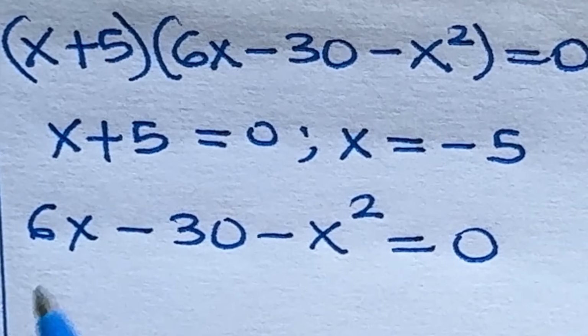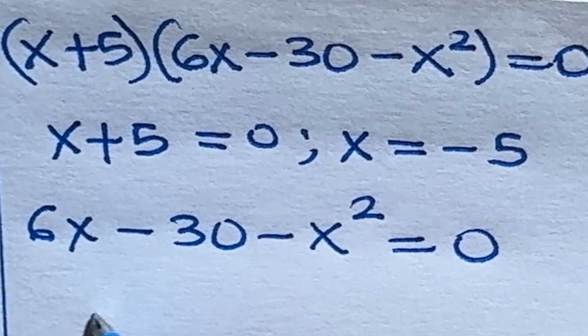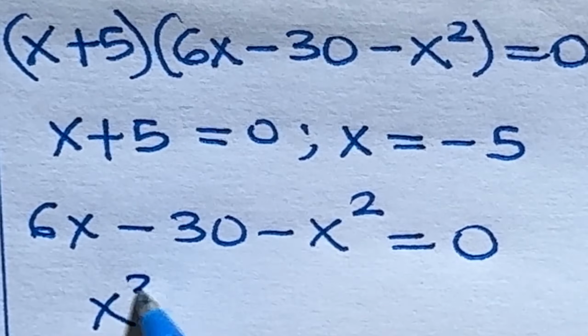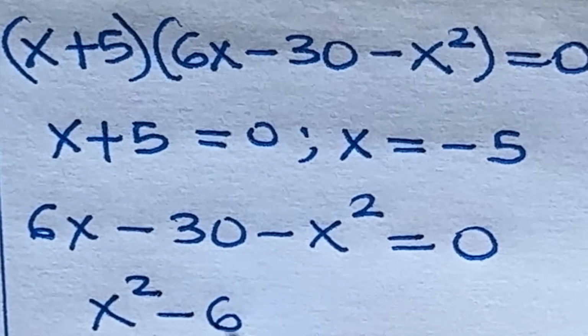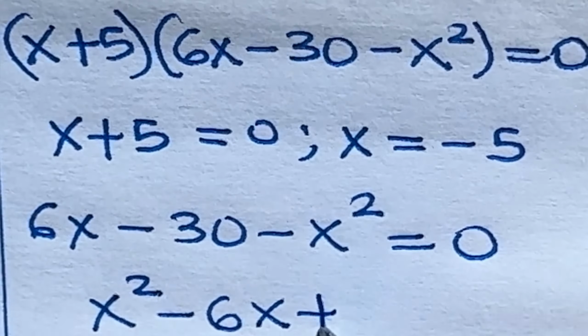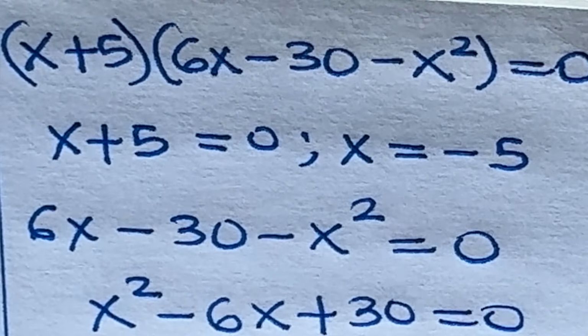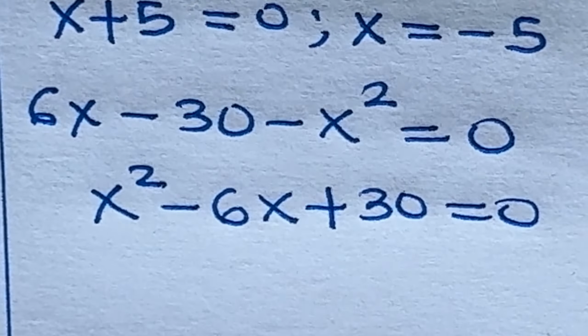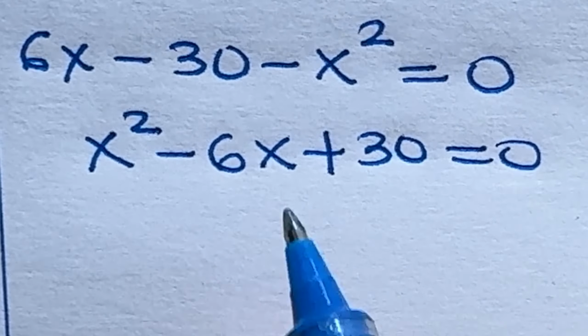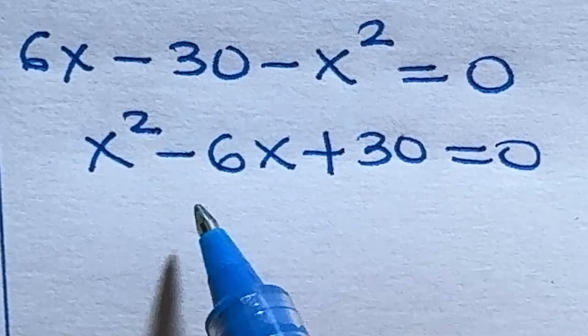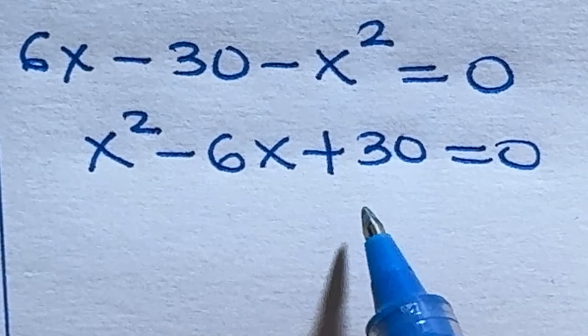This is a quadratic equation, and if we rearrange it, we get x squared minus 6x plus 30 is equal to 0. Is this factorizable? Looking at this quadratic equation closely, we see that it is not factorizable.